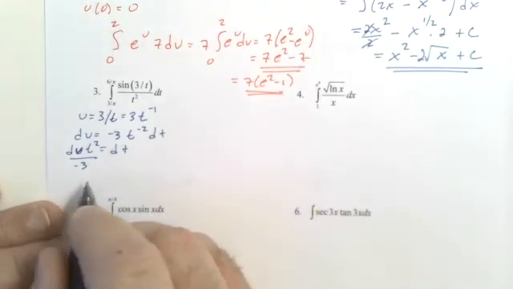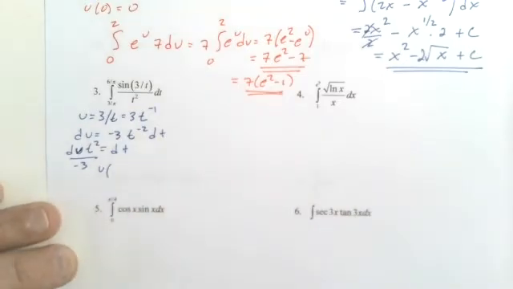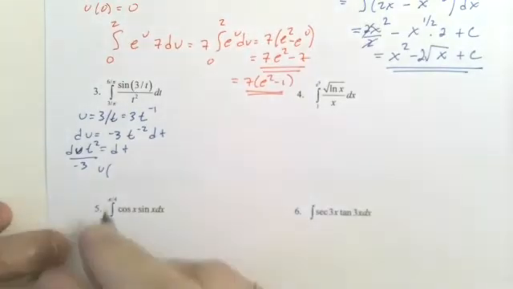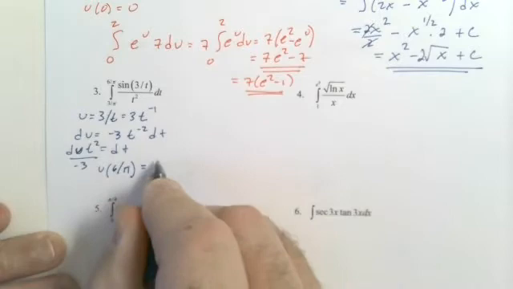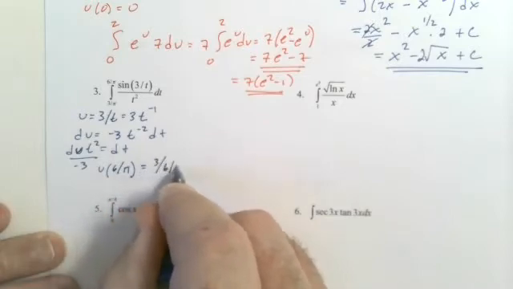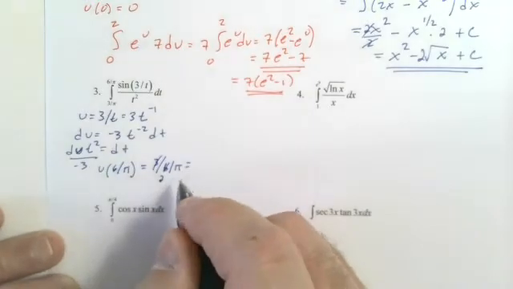Let's change our limits. U of 6 over pi equals 3 over 6 over pi, which is pi over 2.